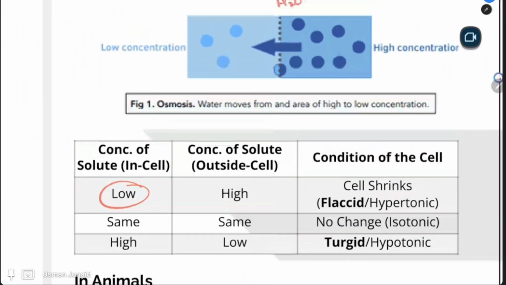Okay. So now there are three conditions, right? Under which a cell can change its morphology or the shape, basically.